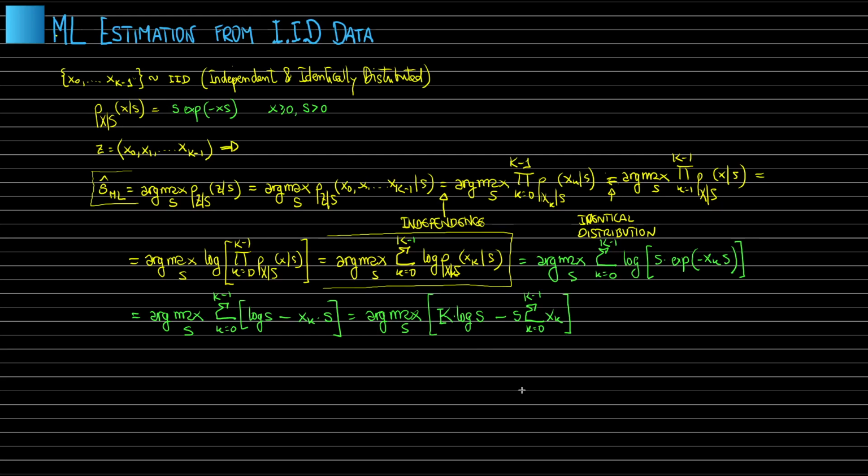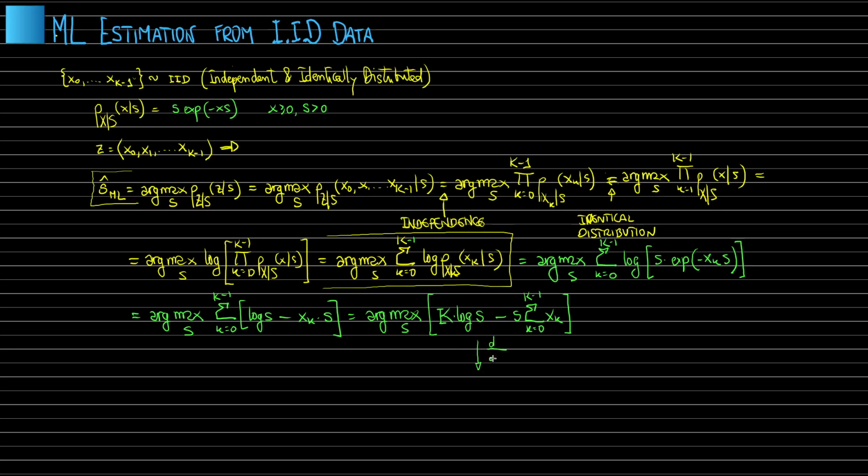And so we have to maximize a function that as a function of S is differentiable for any positive value of S, and the maximum will be in the point where this derivative is 0.